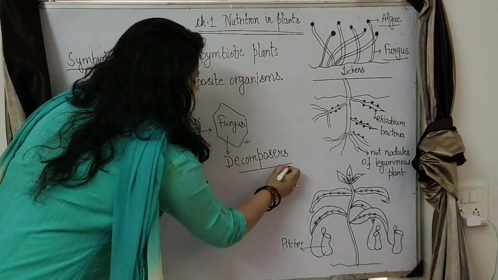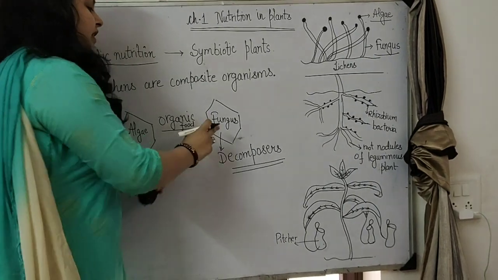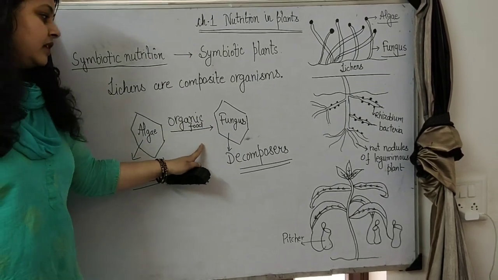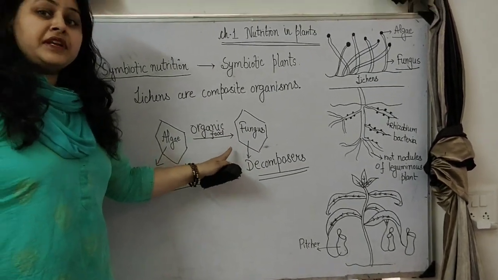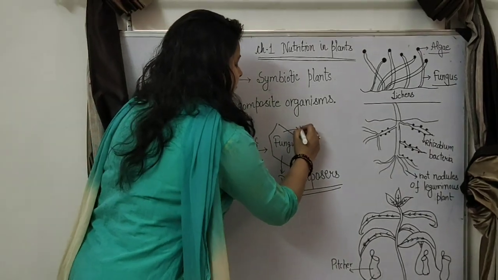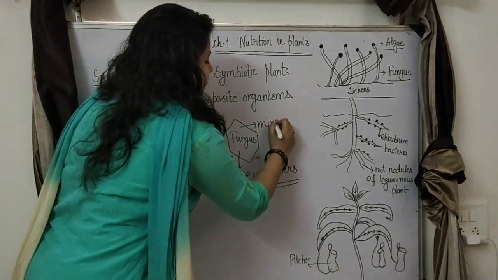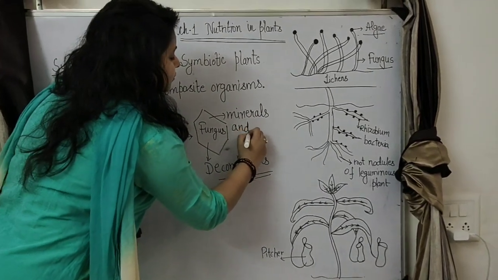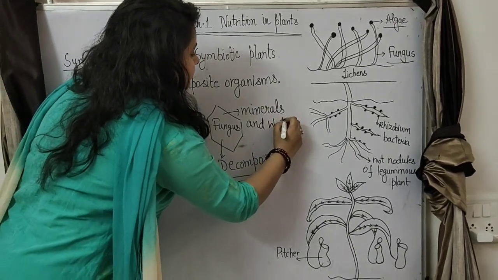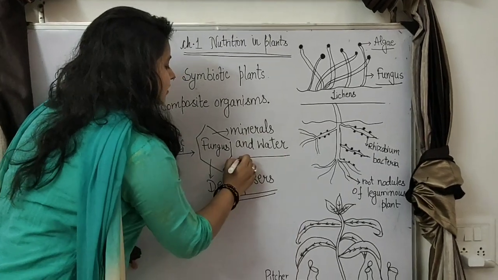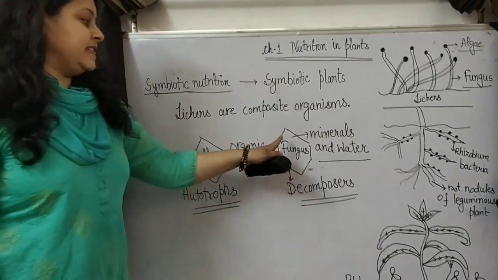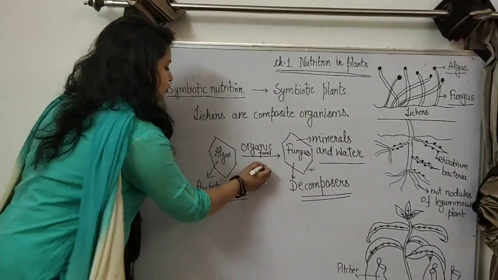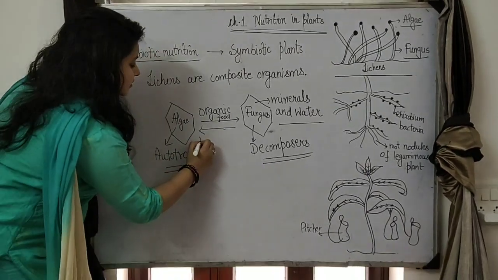So, the main feature of fungus is that it can absorb minerals and water from the dead and decaying matter on which they are living. And they will pass on these minerals and water to whom? Algae.